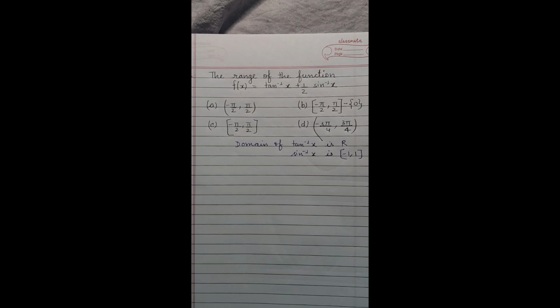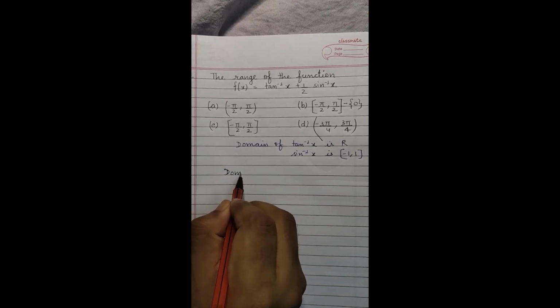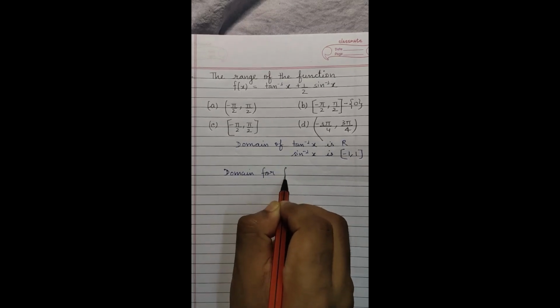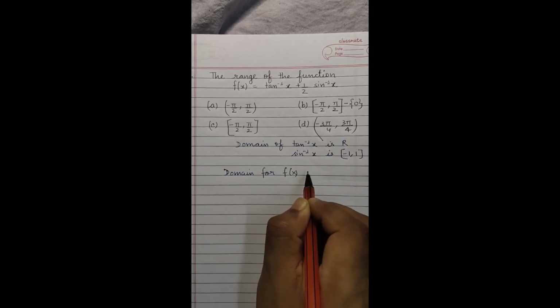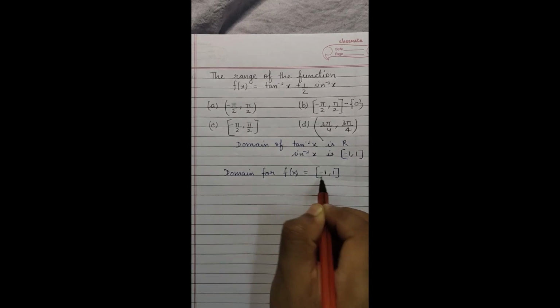So the common region, the intersection of R and minus 1 to 1, is minus 1 to 1. Hence the domain for the function f(x) should be minus 1 to 1. Now I have to find the range of this function within minus 1 to 1.